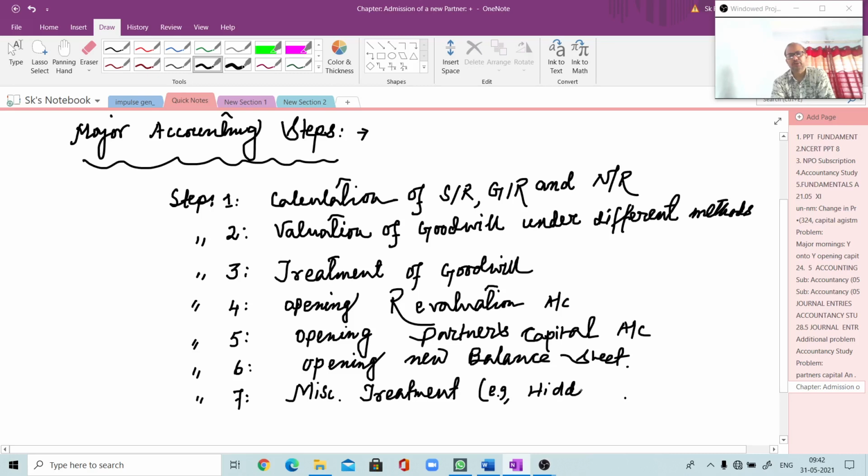Hidden goodwill is the goodwill which is not directly provided in the question, to be calculated on the basis of capital adjustment. So calculation as well as treatment of hidden goodwill, and capital adjustment treatment.